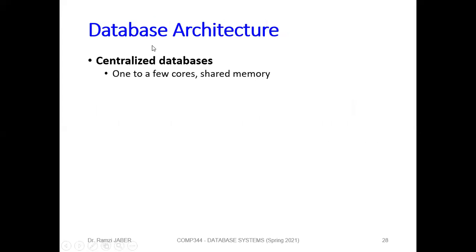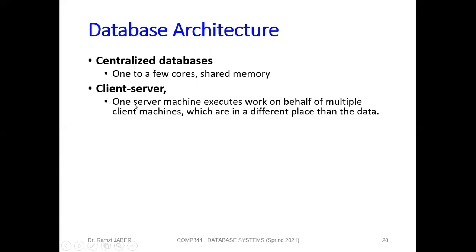As the last topic, we have database architecture. We have the centralized database: one to a few cores, shared memory. Client-server database: one server machine executes work on behalf of multiple client machines, which are in different places than the data. We will see them in the network course.